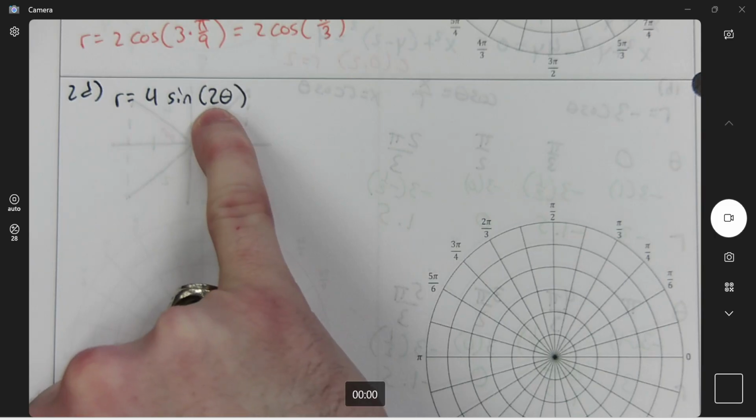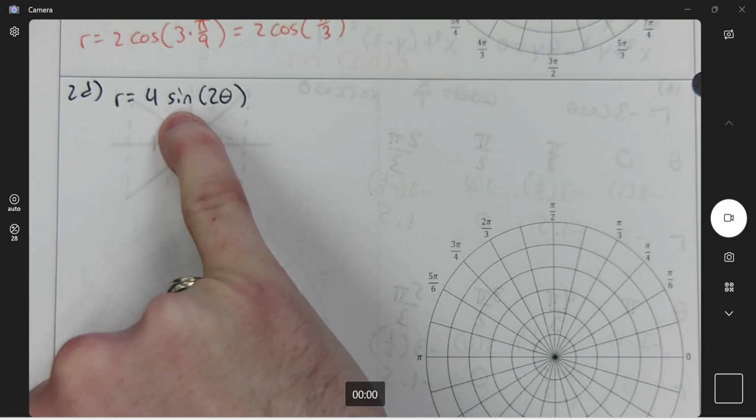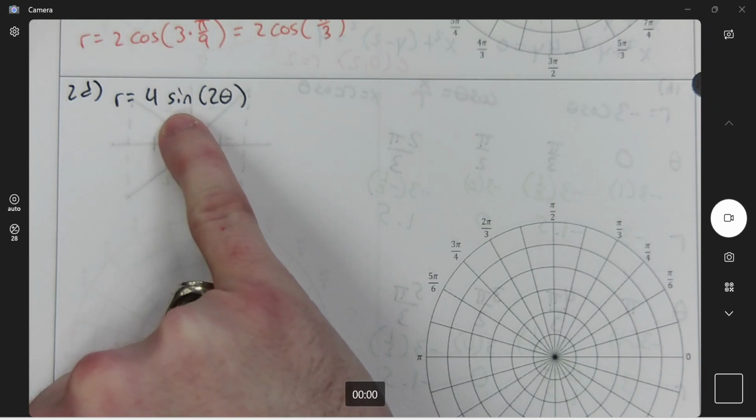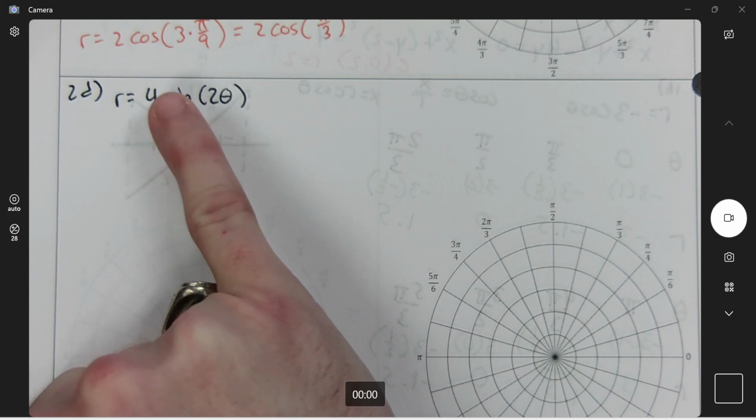Once again, that's too much work in my mind. I would rather trust symmetries. This is a sine graph, and sine polar graphs should have vertical axis symmetry. That's what I expect. So I expect to be able to see enough of this thing if I just go 0 to 2 pi without going all the way out to 4 pi to complete the whole graph.